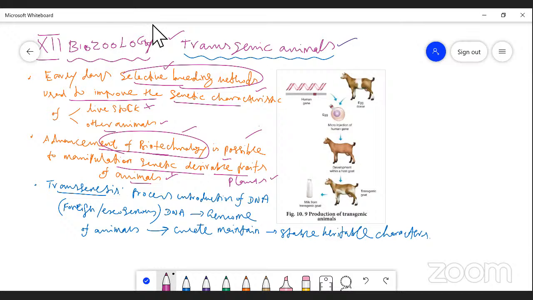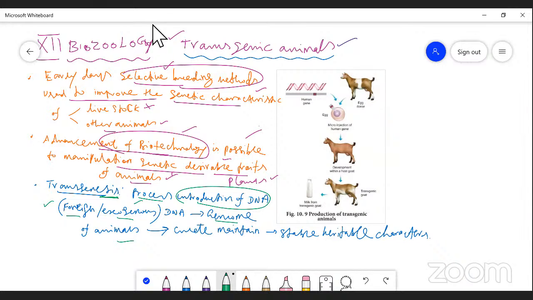What is called transgenesis? Transgenesis is a process. What type of process? Introduction of DNA. The DNA may be foreign DNA or exogenous DNA. The introduction of DNA into the genome of animals, any animals.